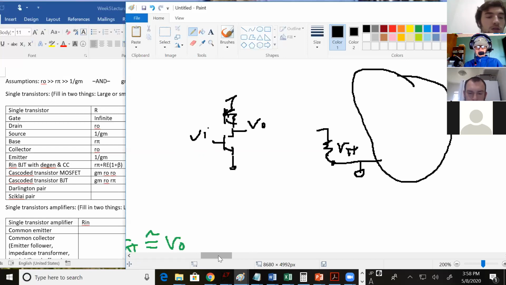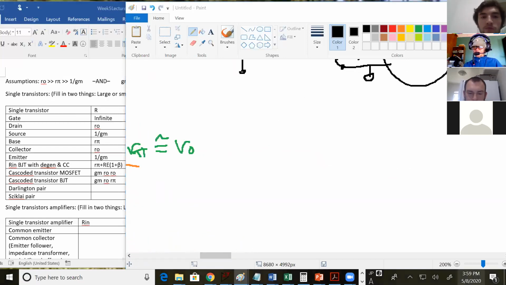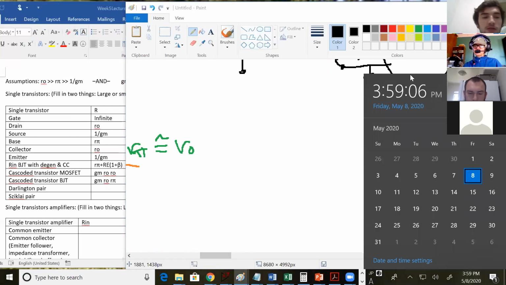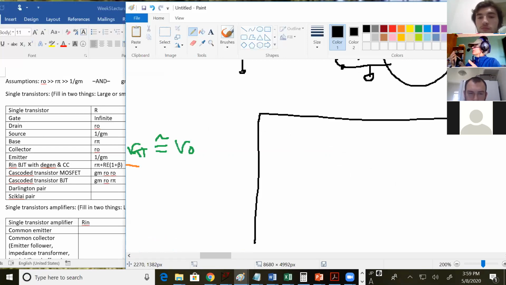Okay. Let me try to do this last topic. So cascoding, that's pretty neat. You just put two transistors on top of each other, and each one, if you look at the collector or the drain, it looks like RO. So if you put two in series, you'd think it was 2 RO.